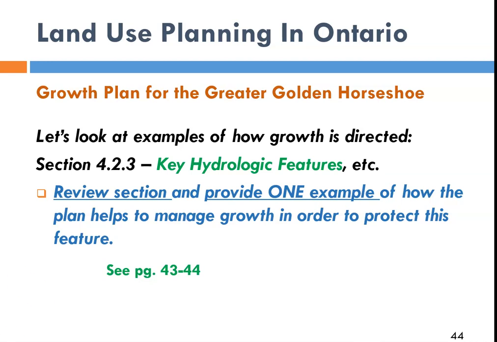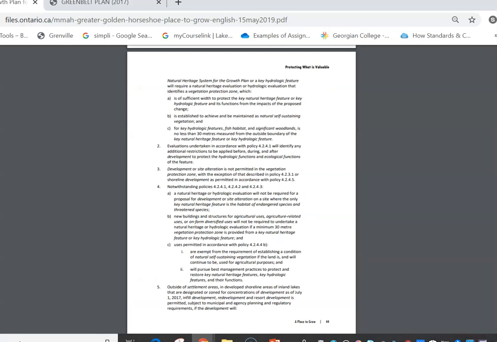So let's look at some of those examples together. If you have a look on page 44 of that Places to Grow document, again, the idea here is this is the provincial government setting some of those consistent suggestions. And so what you will see here are examples on what our key features are in terms of provincial interests that we want to be protective of, and what are some of the guidance or general minimum standards that each municipality can be including.